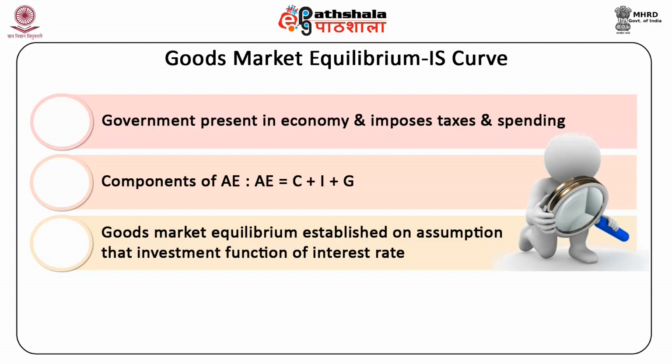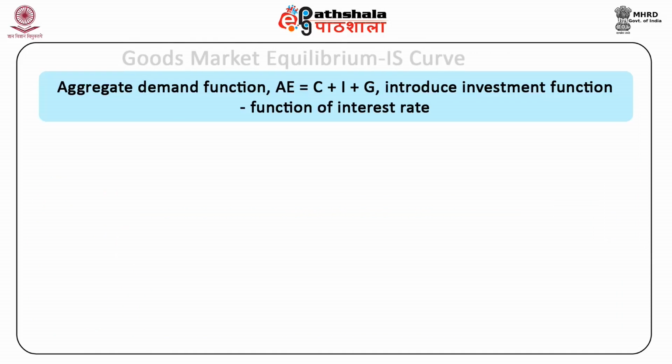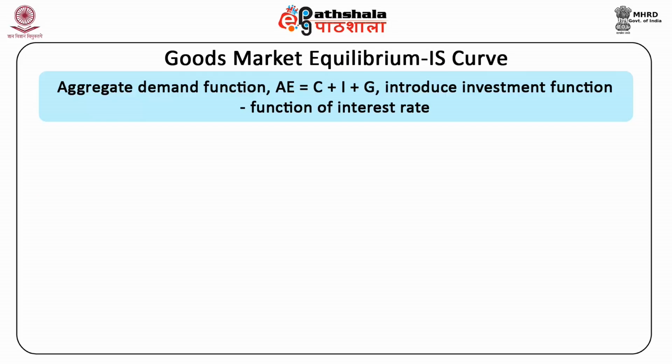The goods market equilibrium is established on the assumption that investment is not autonomous but a function of interest rate. It shares a negative relation with the interest rate. In the aggregate demand function, AE = C + I + G, when we introduce the investment function, which is a function of interest rate, we get the following.